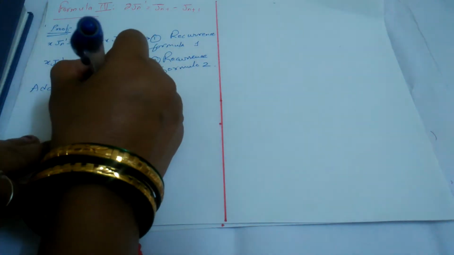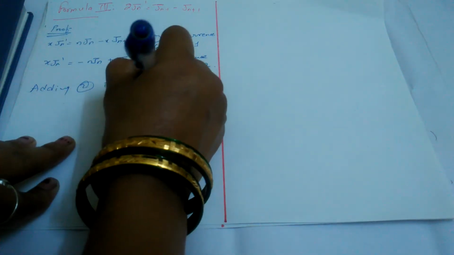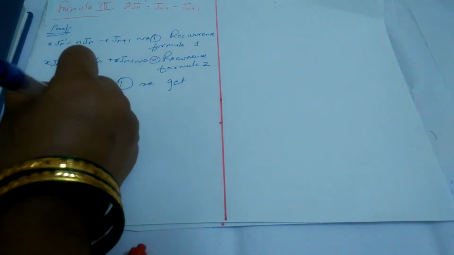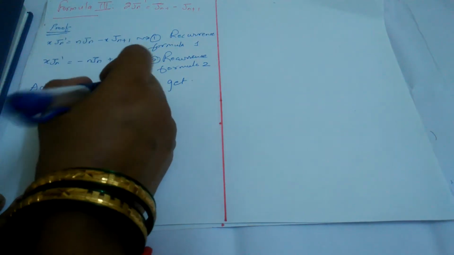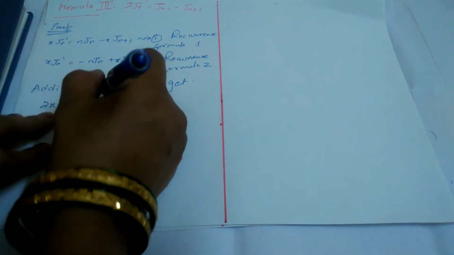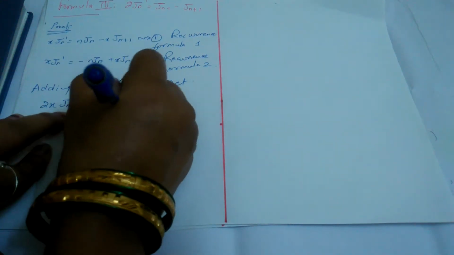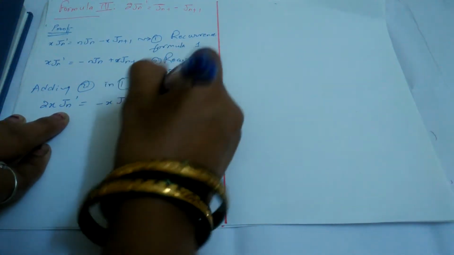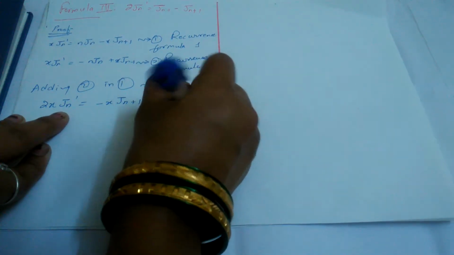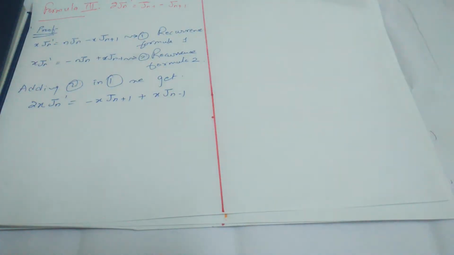Adding 2 into 1, we get 2xJn' equals minus xJ(n+1) plus xJ(n-1). On both sides the x values are there, so we just cancel out the x term.